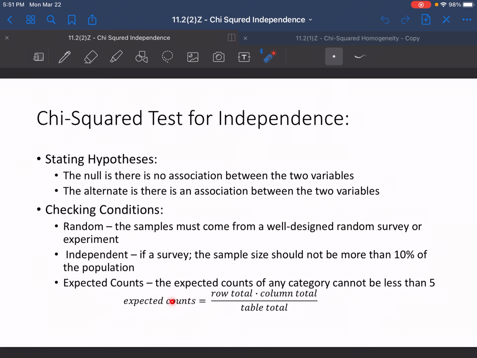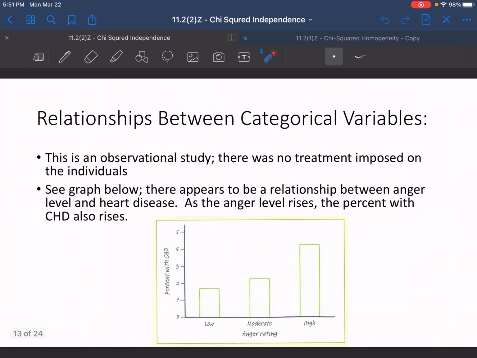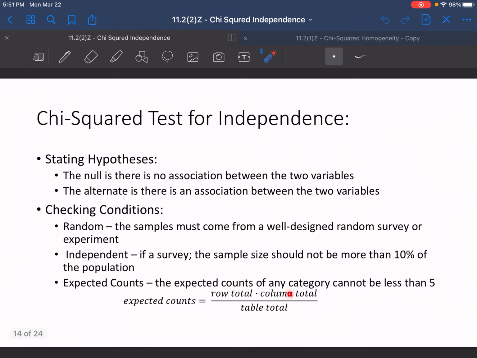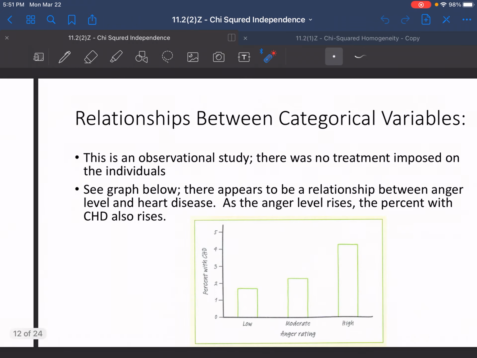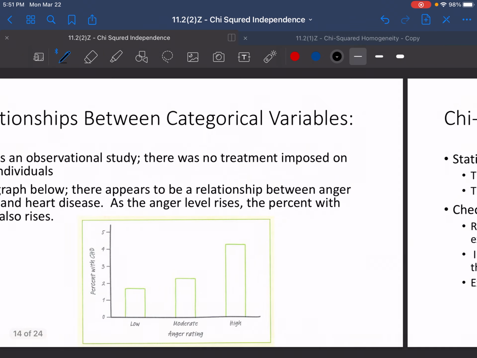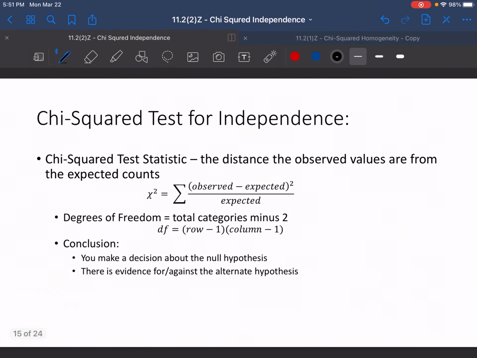And how you find expected counts with a two-way table is you take the row total times the column total divided by the table total. So we would take the row total times the column total divided by the table total in order to determine the expected count for a low anger patient that did have heart disease, the count right here. That's how we would find that expected count.